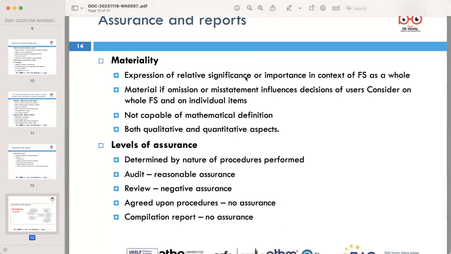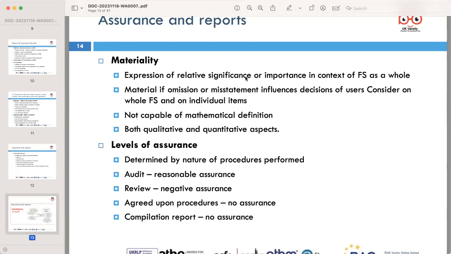Assurance and reports, materiality, levels of assurance. Here we are discussing important aspects of financial statements. We will talk about something called materiality. Materiality is about figuring out what's really important in a financial statement.